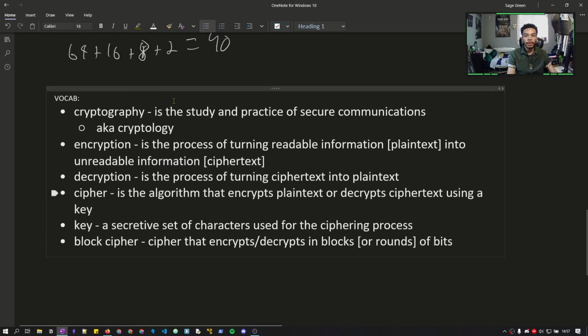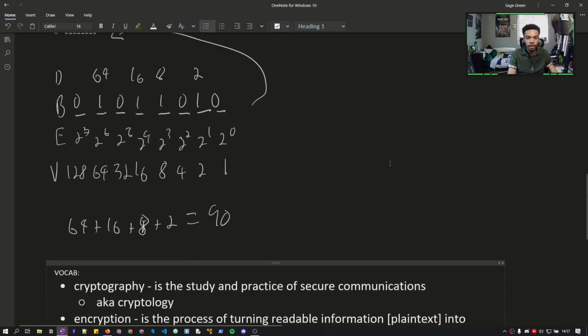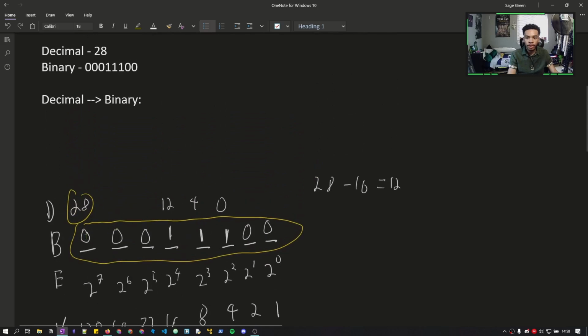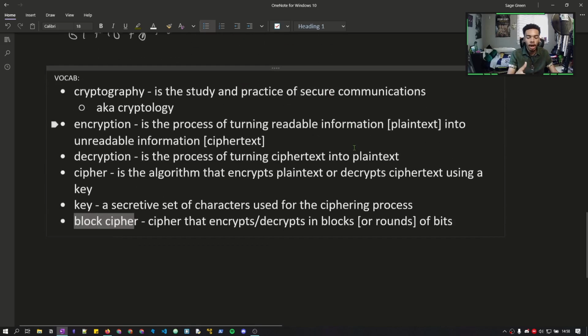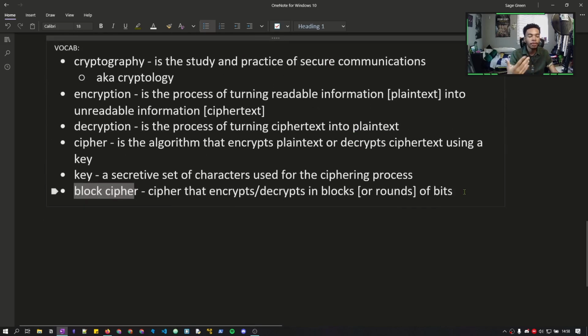So instead of encrypting characters like most encryption processes will do, a block cipher will encrypt in blocks or rounds of bits. So a block cipher could encrypt these 4 bits and then these 4 bits. So instead of encrypting the number 28, for example, it would encrypt this and then encrypt this. Now we're going to get into this further in the course, and it might become a little bit more clear, but just try to follow along as much as you can.